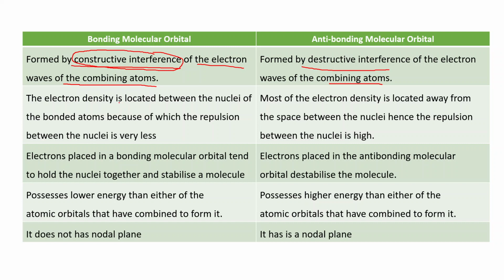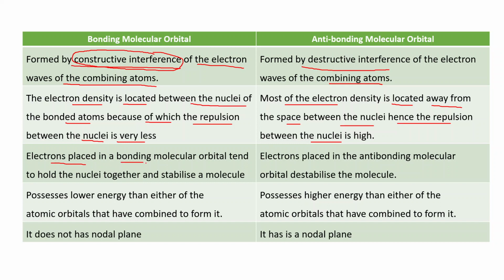In a bonding molecular orbital, electron density is located between the nuclei of the bonded atoms, because of which the repulsion between the nuclei is very small. While in an antibonding molecular orbital, most of the electron density is located away from the space between the nuclei, hence the repulsion between the nuclei is high.